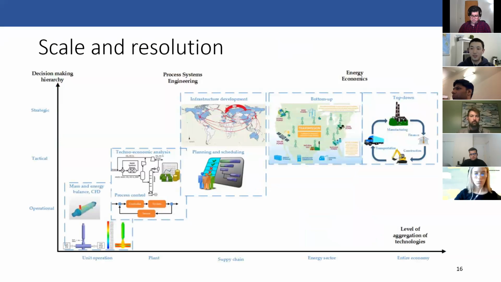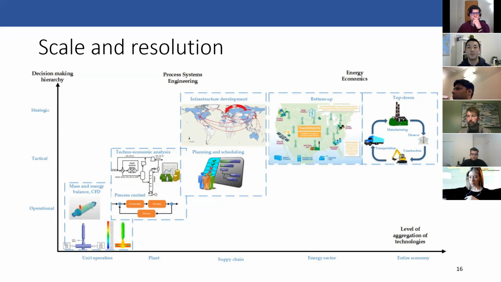This is a newer slide that I put in. When we think about an energy system, the scale and resolution really matter in the way that you approach a modeling problem. A lot of what we're talking about in the fundamental parts is with smaller unit operations.